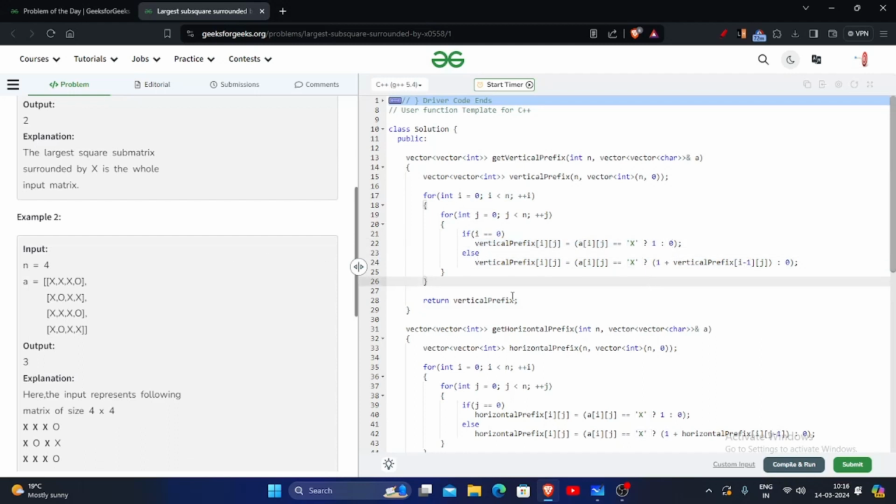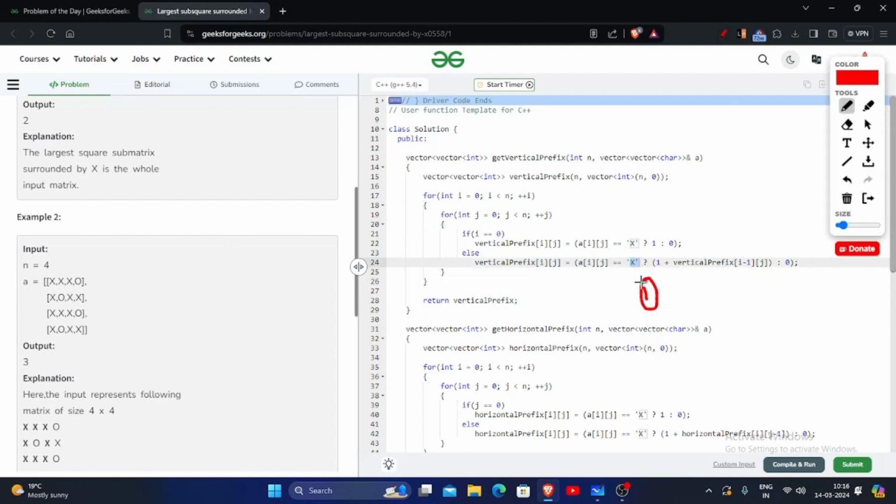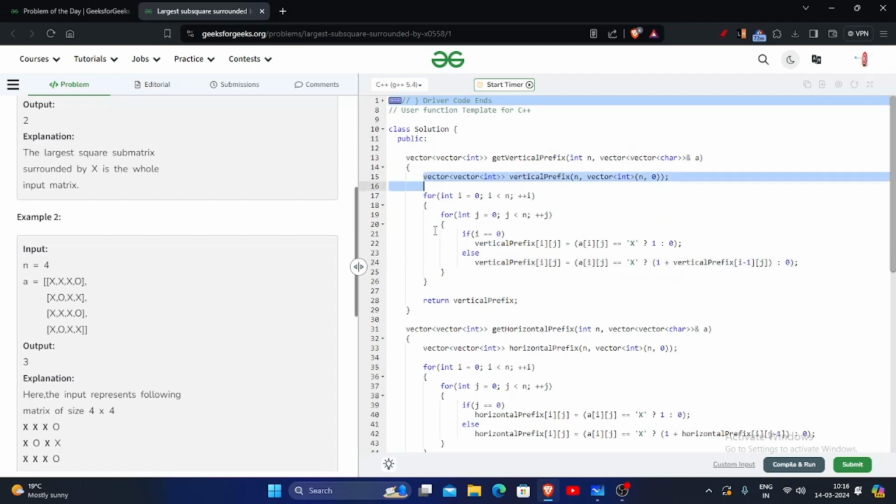And in the else part, if it is not 0, we will first check if it is x. So if it is x, I know the answer is 1 for this. And if it is 1 and this is not 0, because if it is not 0, that means for this vertical, there is another row also. So I will look for the previous value and add 1 to it because for this 1 is already an answer. This is how I have made the vertical array.